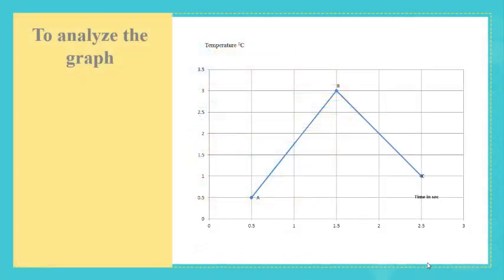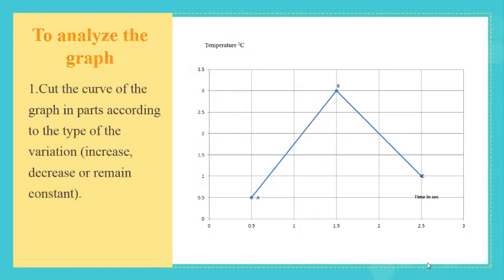To analyze a graph, you should follow 4 steps. Step 1. Cut the curve of the graph in parts according to the type of variation: increase, decrease, or remain constant. In this graph, there are 2 parts. The first part is from point A to point B. The second part is from point B to point C. So we will cut in the middle, like this.